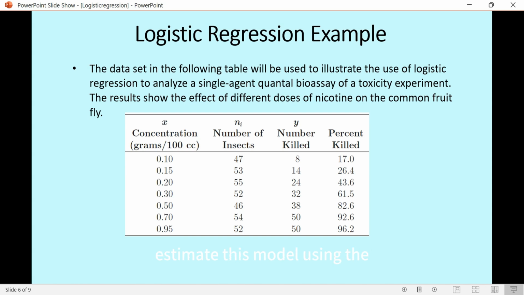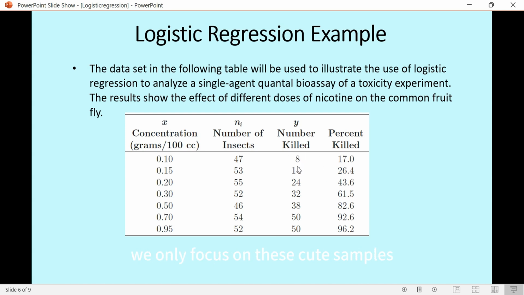But how do we estimate this model? We estimate it using the log likelihood. What is the log likelihood? Likelihood is actually a very simple idea. It means that what you have seen happened. For example, here 8 were killed. Remember these 8 killed samples, and we just multiply all the probabilities of these 8 samples.